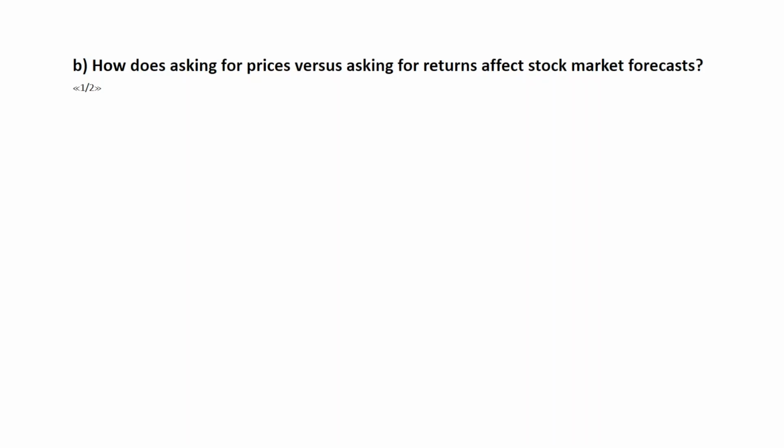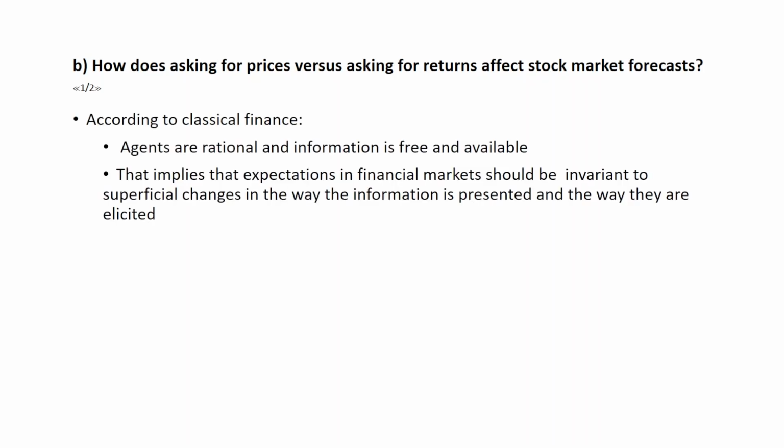So, according to classical finance, there should be no difference. Agents should receive the information and perceive it in the same way, whether we are asking for price or return, because they are identical alternatives of the performance measure of a stock.